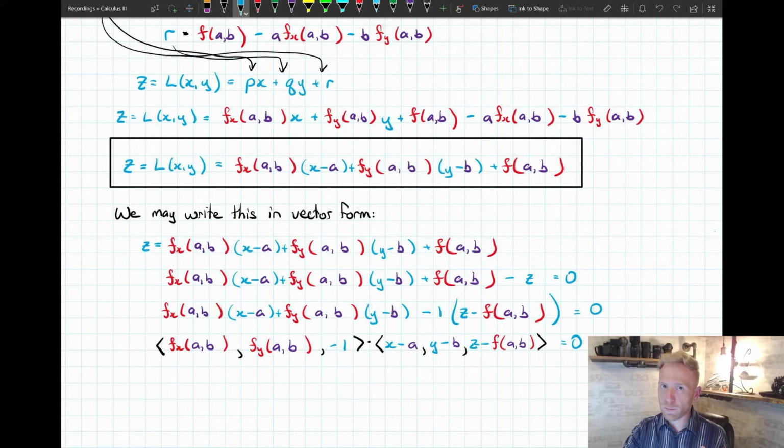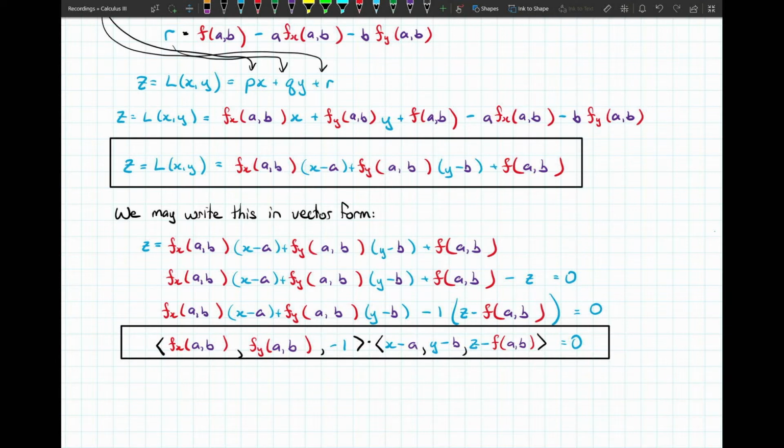Now, as a happy little bonus here, you can see from this equation that it also gives us a normal vector. The normal vector at a given point on the surface is the same as the normal vector across that whole tangent plane. And that vector, as you can see, is f partial x evaluated at the point, comma, f partial y evaluated at the point, comma, -1.